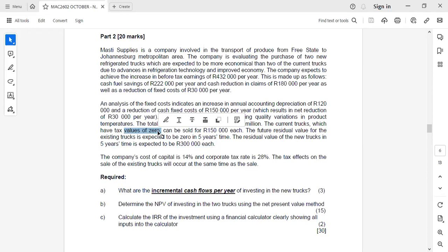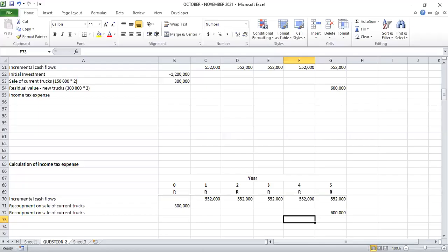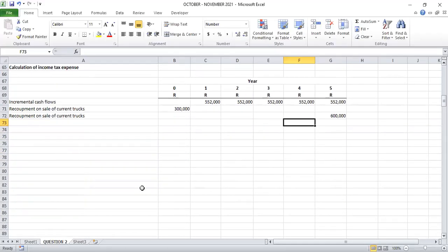But considering that all these vehicles will be sold when their value is 0, the full amount will be regarded as a recoupment. So then we'll be able to get our taxable income.